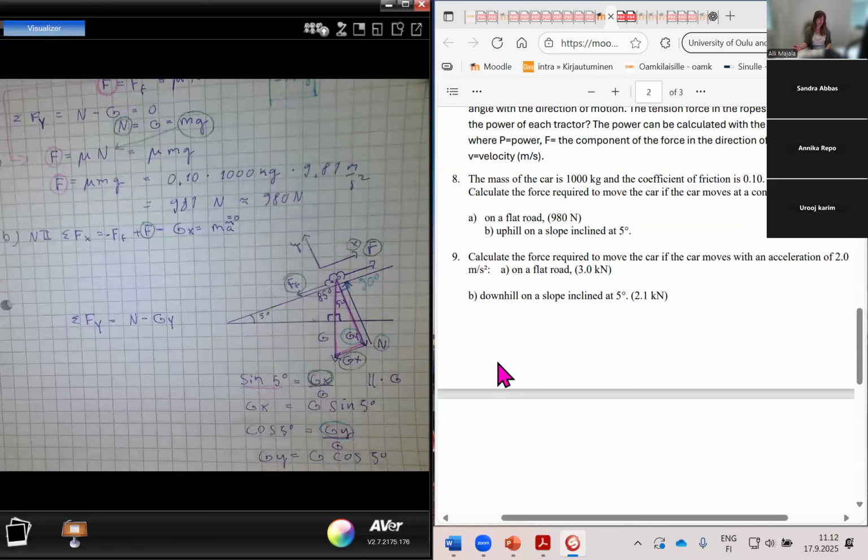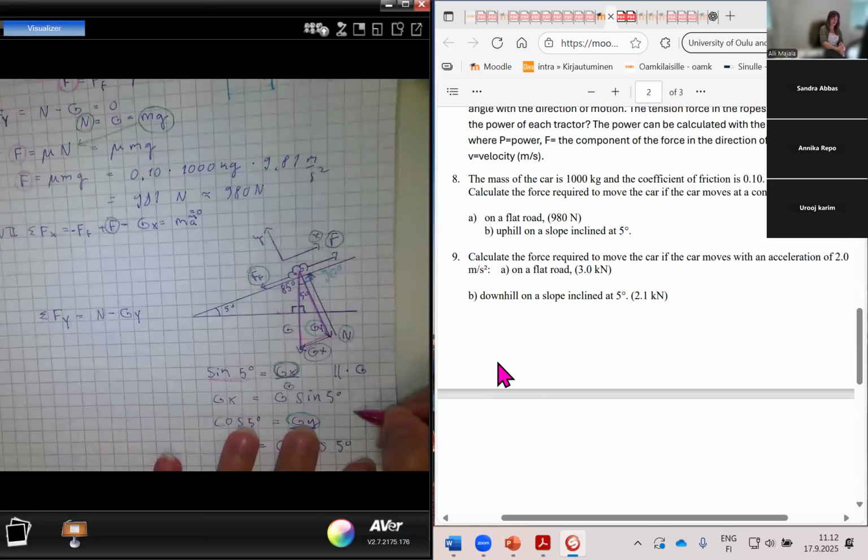Now I can calculate the F with all these equations and all the dependencies. As long as I also remember the formula that I always have to know: the friction force is the friction factor times the normal force.